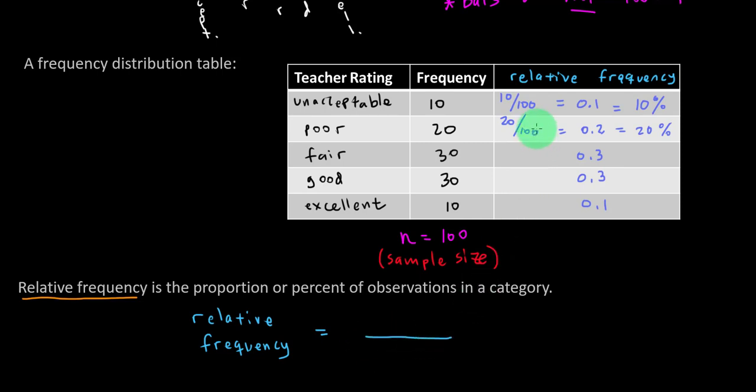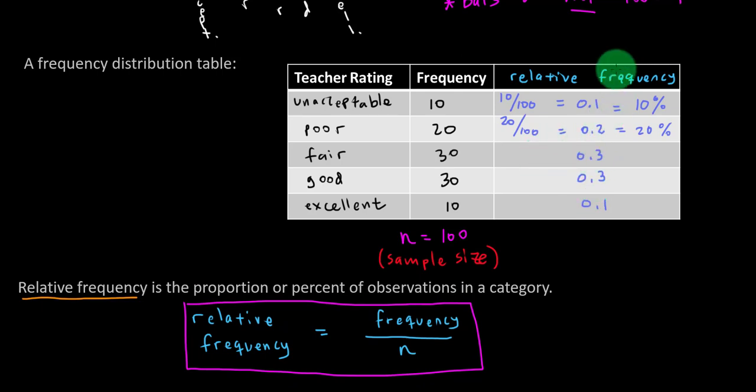The number in the denominator is always 100, but 100 was the sample size, which would be n. And what's the number in the numerator? Oh, those are the frequencies. So I'll just write frequency over n. And there is a nice little formula for relative frequency.